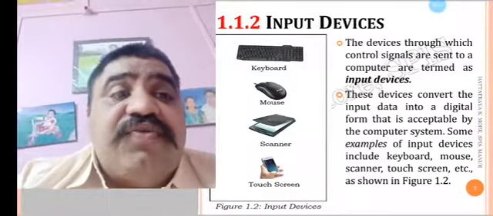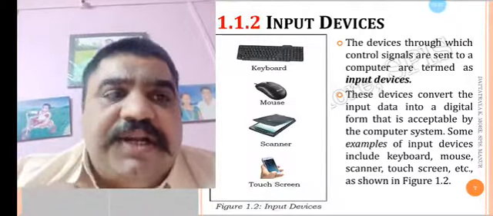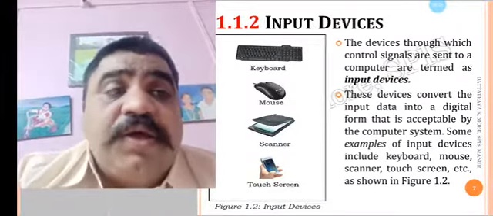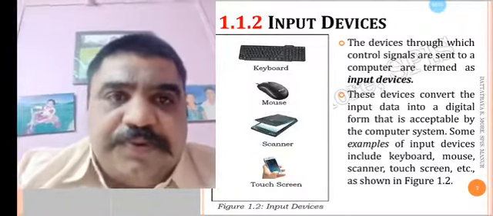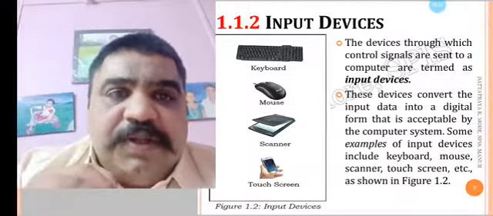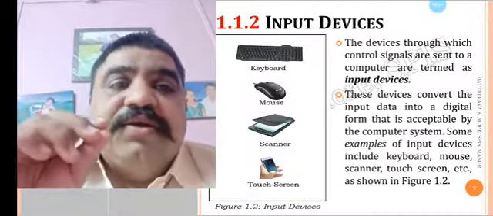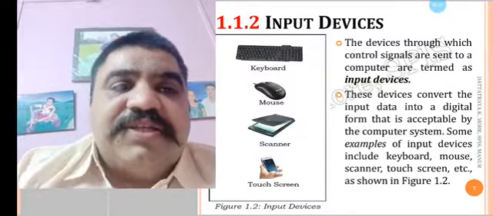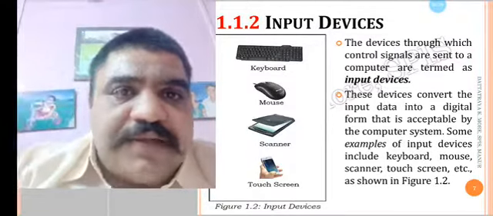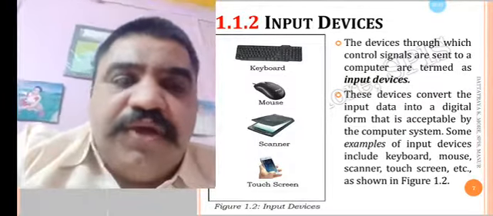These devices convert input data into a digital form that is acceptable by the computer system. Some examples of input devices are keyboard, mouse, scanner, touch screen. I just told you that all these are there as per the figure.